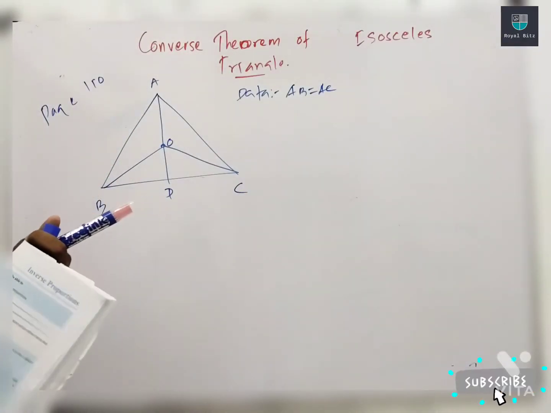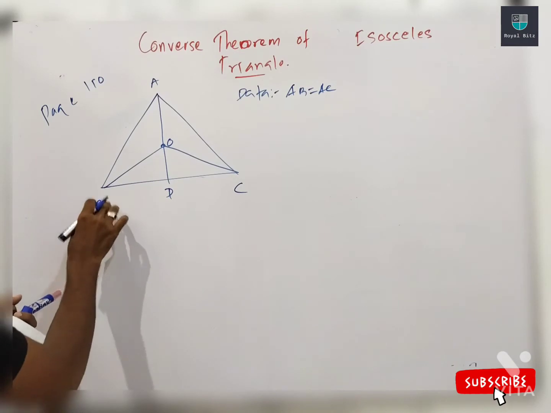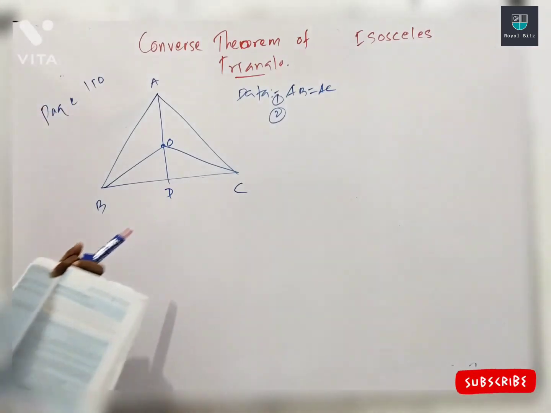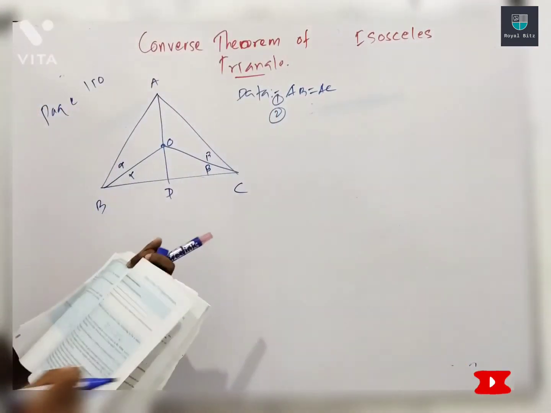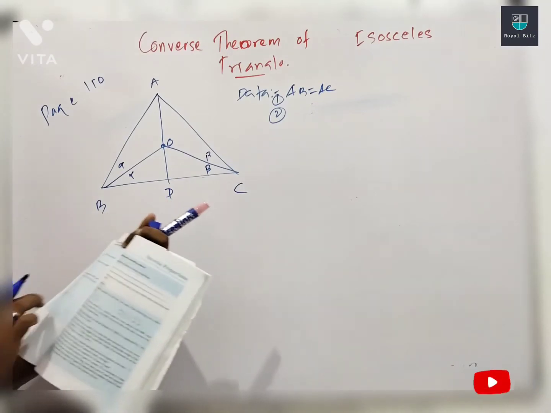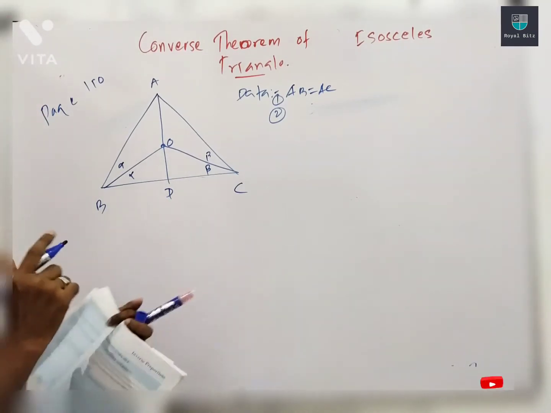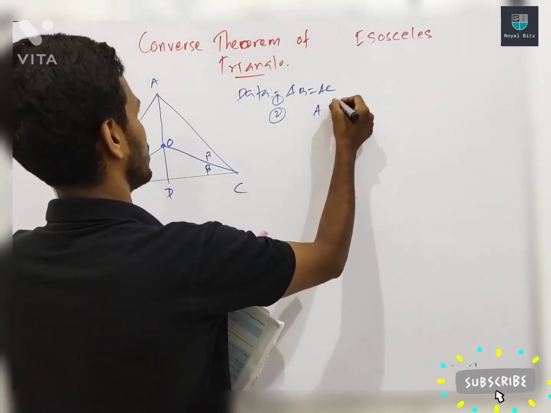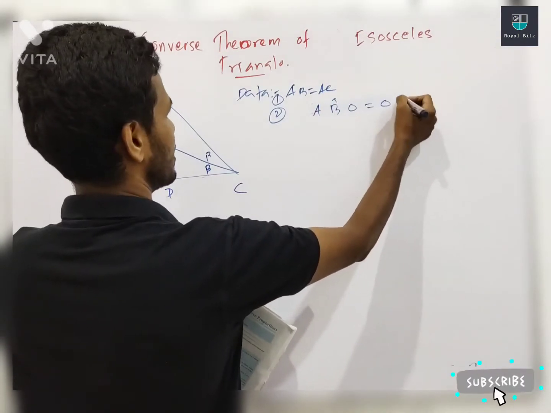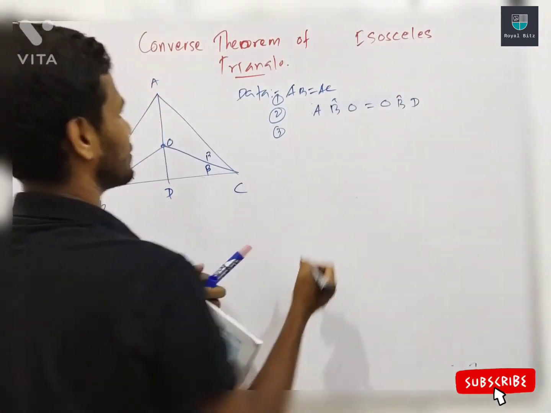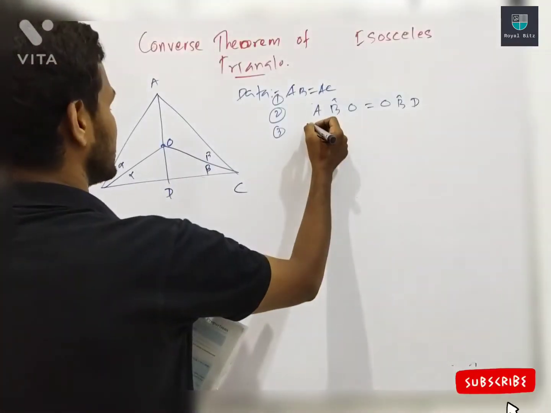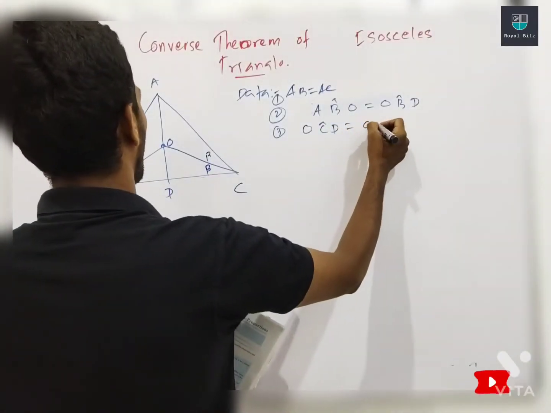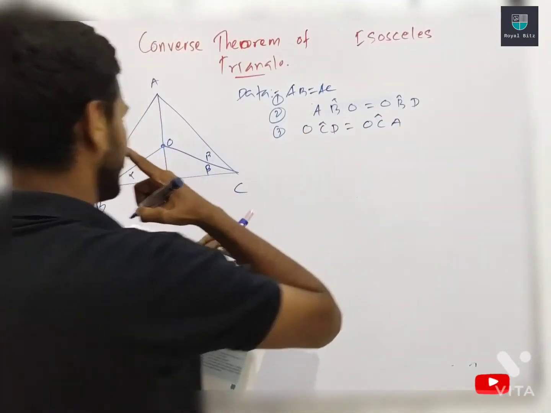The bisector of angle ABC is BD, and the bisector of angle ACB is CE. Okay, now they are giving the data: ADO is equal to OBD. Third data is ODC is equal to OCD is equal to OCA. This is another data. Okay, that's all.